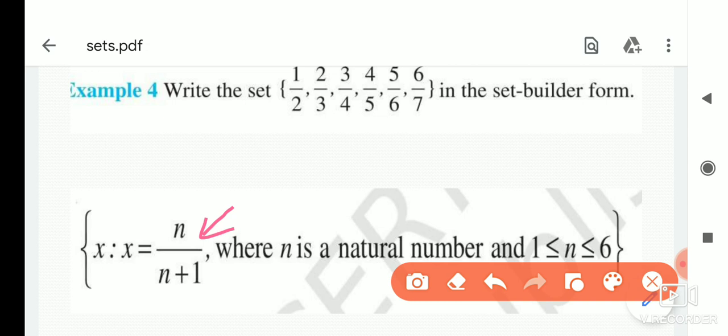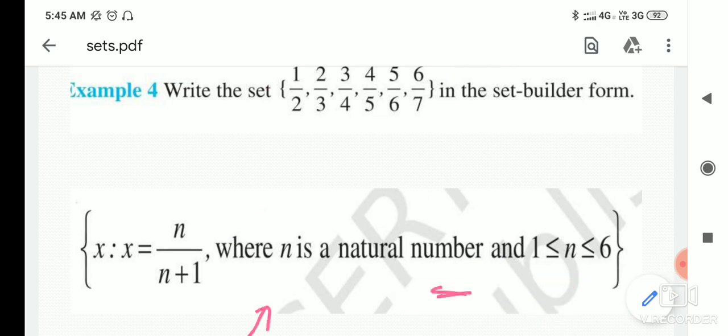The second thing you have to remember is that n has to be in this form always, that is 1 less than or equal to n less than or equal to 6, because we have numerators between 1 and 6. There is no value of n greater than 6.